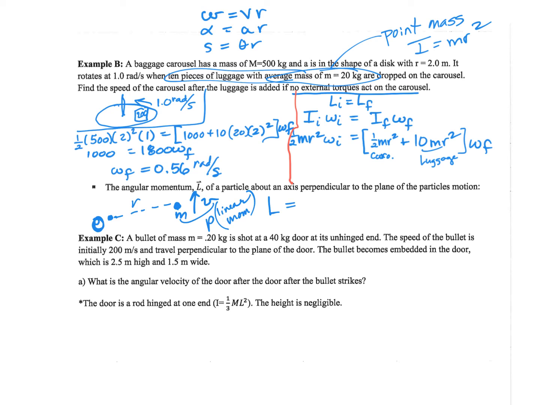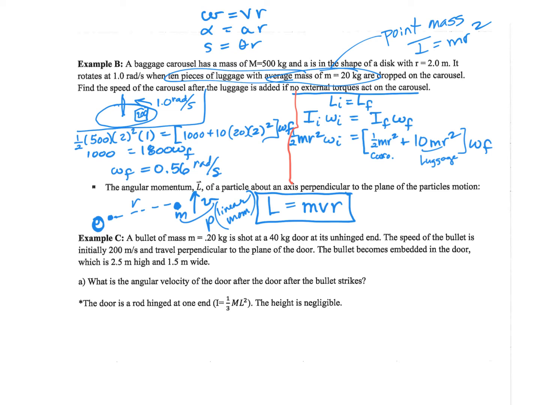So, guess what angular momentum can be defined as? Linear momentum times r. And linear momentum is mv, isn't it? So here's another version of the formula, mvr, to change between linear momentum and angular momentum.